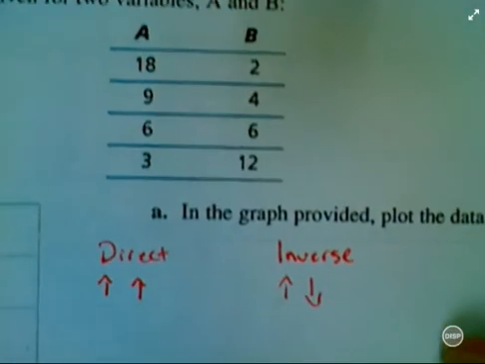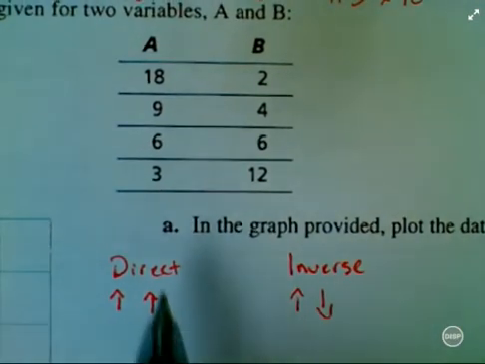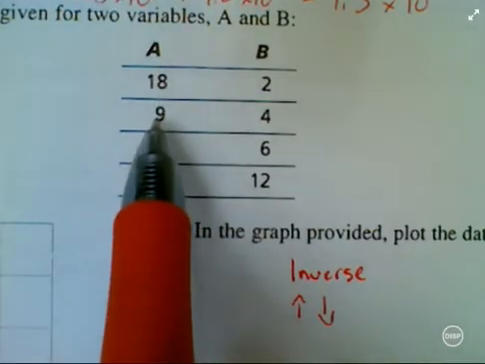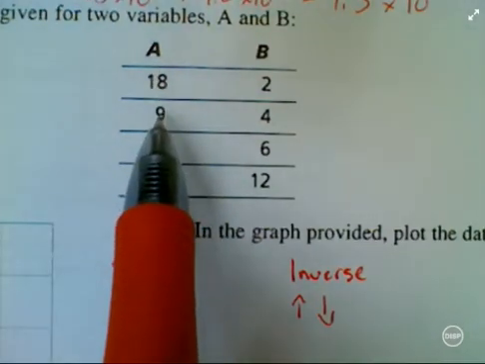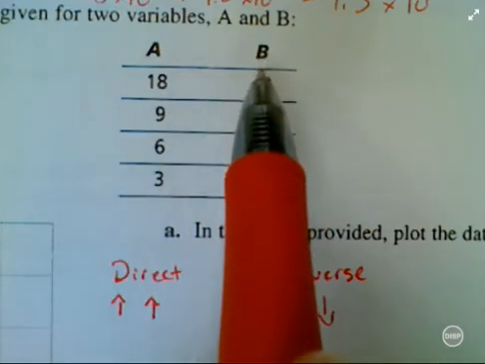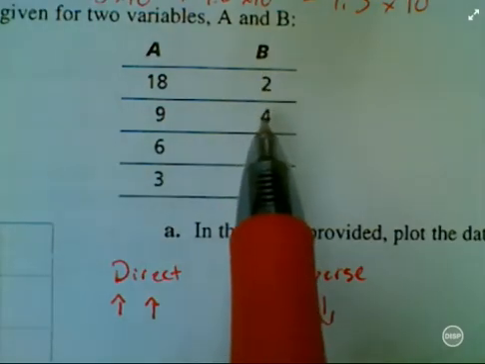And so we can look at our data table and ask ourselves, okay, as A changes, notice as we go from 18 to 9, we're decreasing, we're going down. As we make this change in A, what kind of change do we experience in B? Well, B is actually going up.